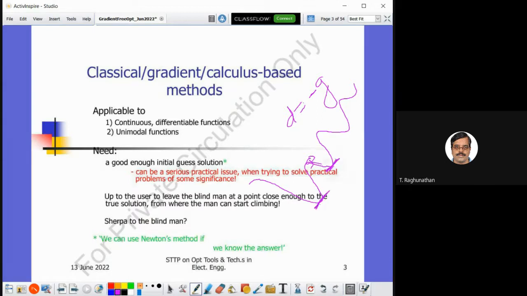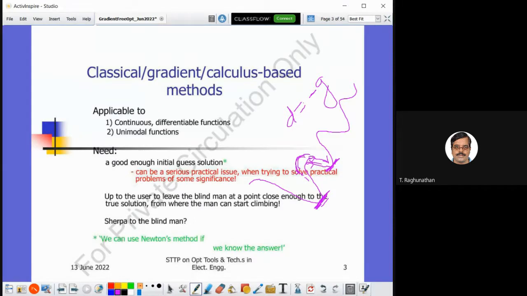He is going to go to a local optimum, a local minimum, because that is all that he can do. He cannot cross this, go in the opposite direction, cross this, and try to find the global minimizer.